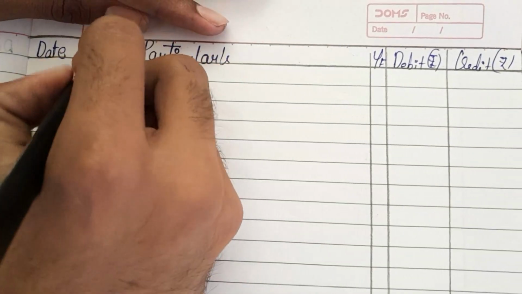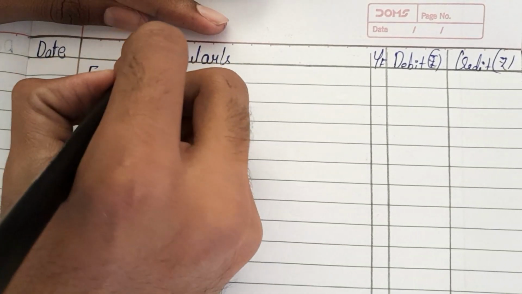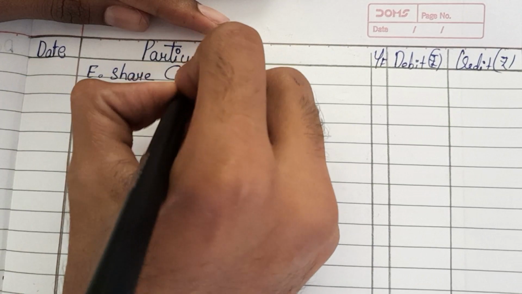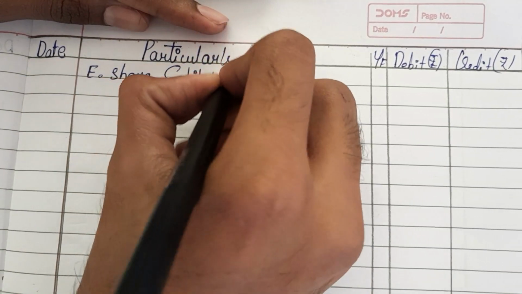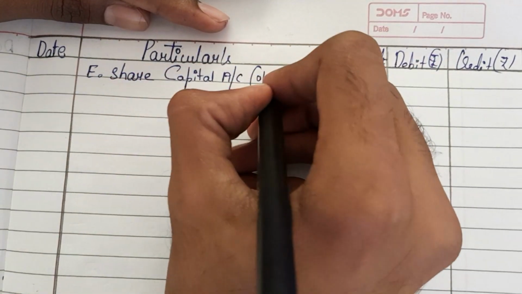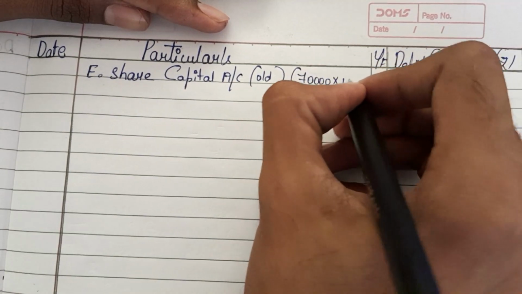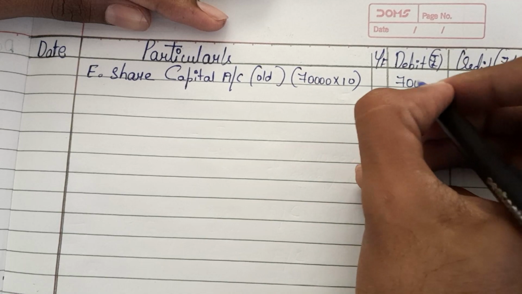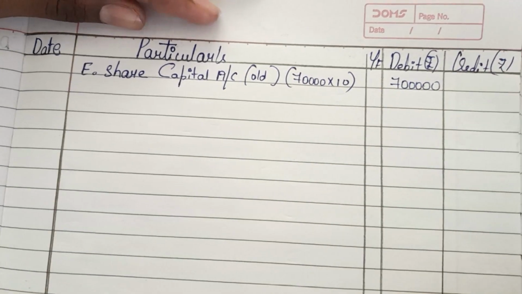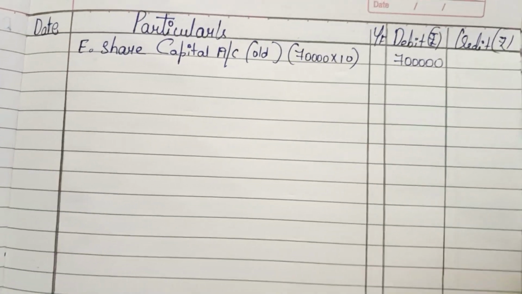So first will be equity share capital account. This is the old one. So total 70,000 shares into 10 each, nothing but 7 lakh. That we need to convert it into 5 rupees.